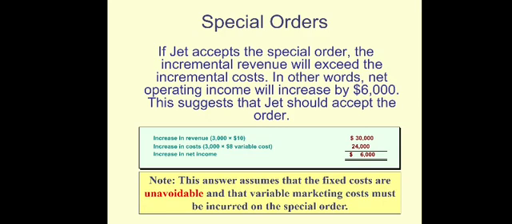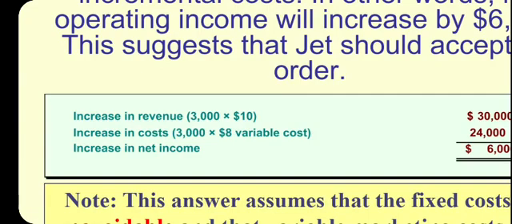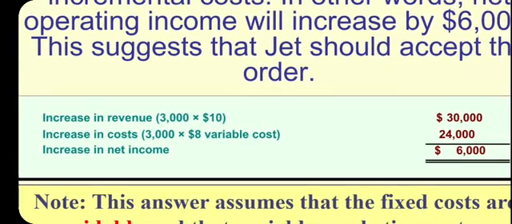You compare the increase in revenue and the increase in cost if the company accepts the order. So let's see. If the company accepts the order, what is the increment in revenue?